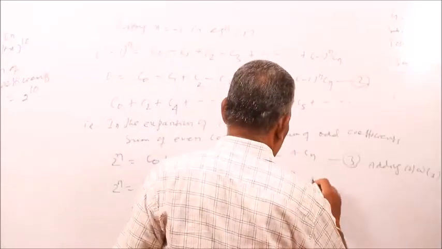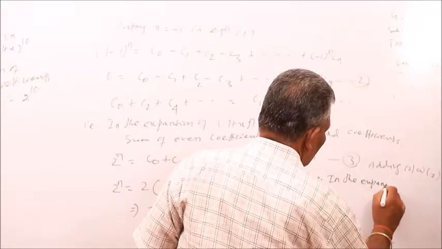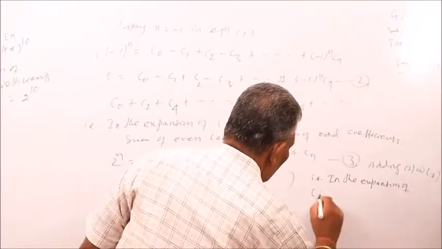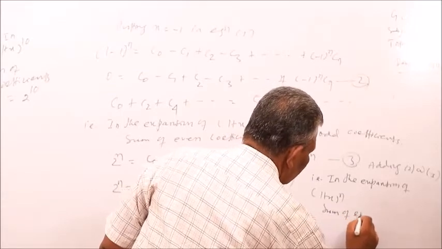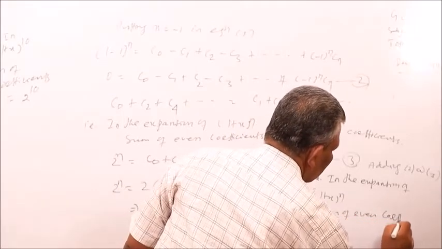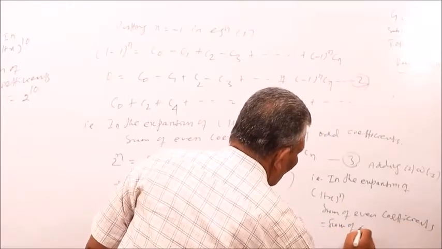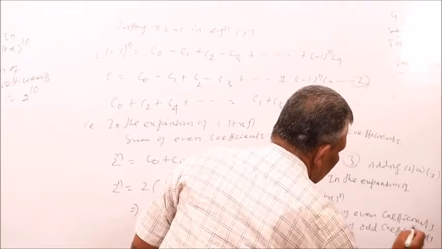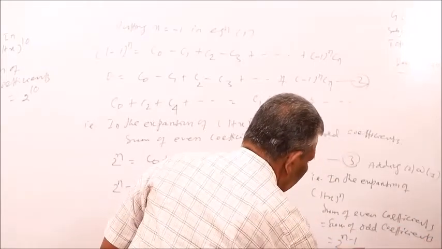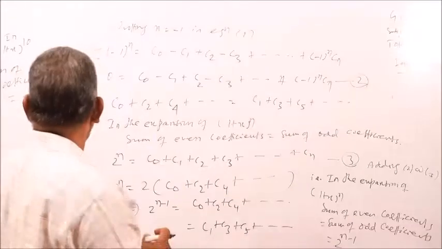That is, in the expansion of (1 + x)^n, the sum of even coefficients equals the sum of odd coefficients equals 2^(n-1). So you have to remember this while solving problems.